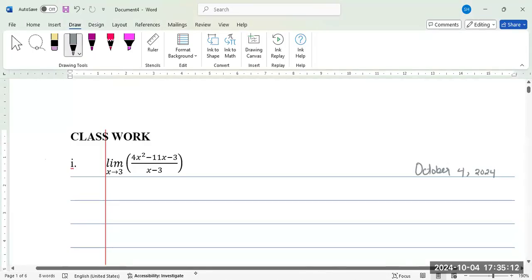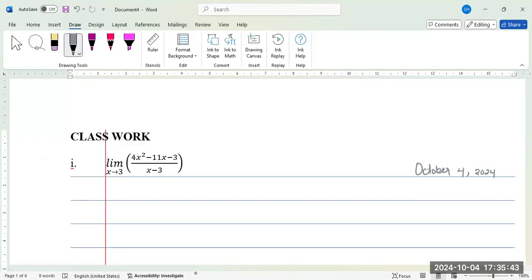So let's go. The question asks to evaluate the limit as x tends to 3 of 4x squared minus 11x minus 3 over x minus 3. What did you get for your answer? 13, sir. Anybody else? It's also a denominator. Oh, it is Logan, it is also a what? No, you need to learn the terms.